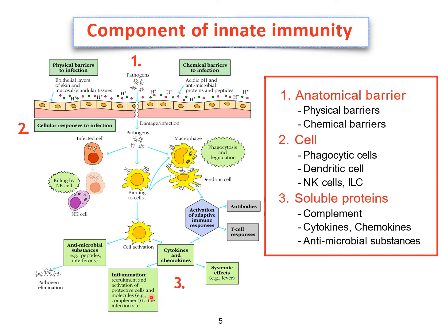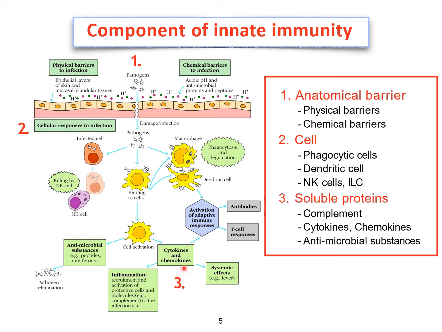And the third one is the production of chemicals, that is soluble proteins, complement, and then cytokines and chemokines, antimicrobial substances. These will come under the soluble proteins. So the first one is physical and chemical barrier, the second one is the cellular response to the infection, and the third response will be the production of soluble proteins like cytokines and chemokines, antimicrobial substances, and systemic effects like fever and inflammation.